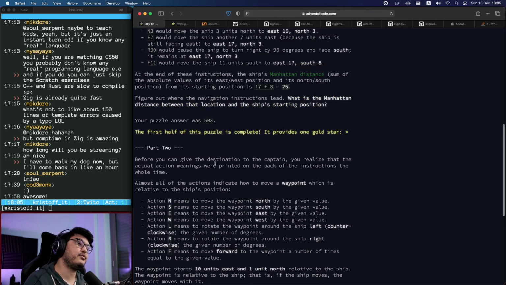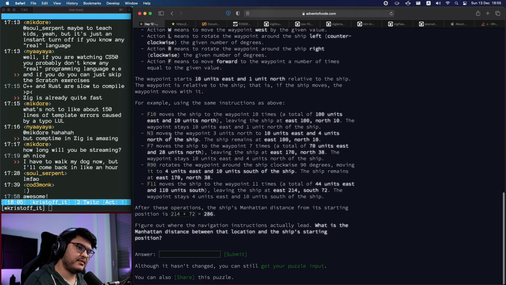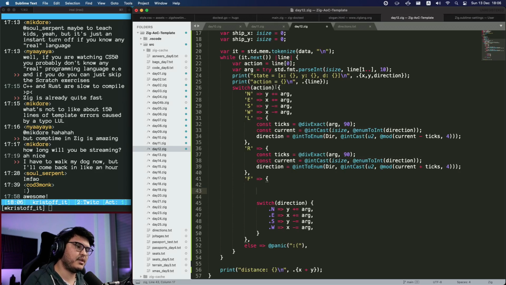Yeah, it is a vector. So let's see some examples, like with north. With 10 units north, it goes to 10 units east and 4 units north of the ship. Yeah, so we don't have to do anything particular with that.